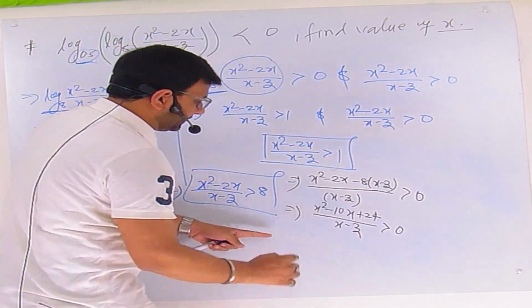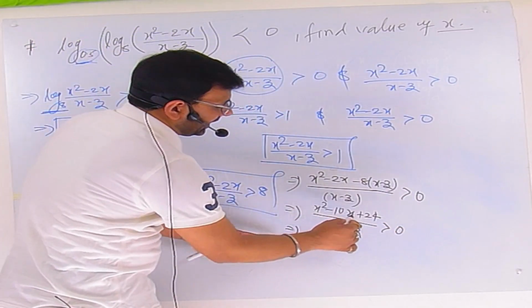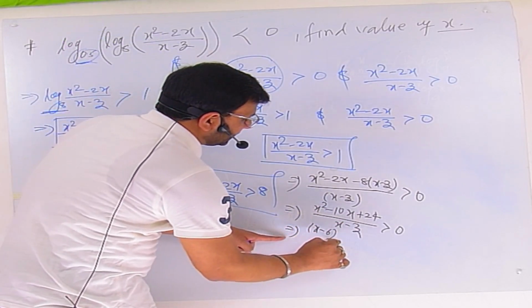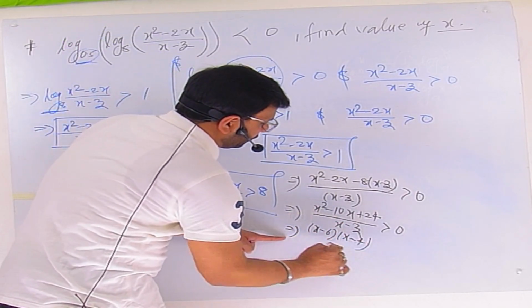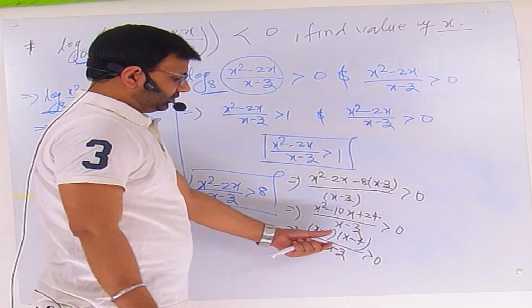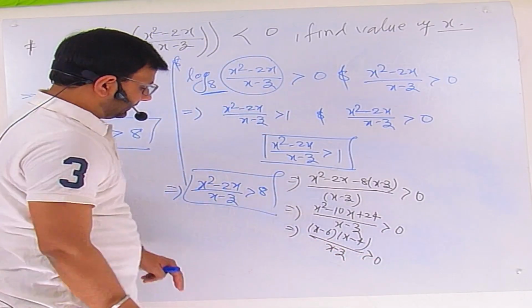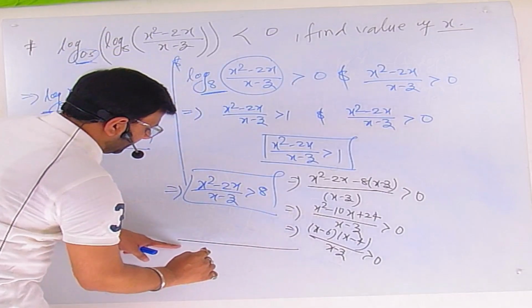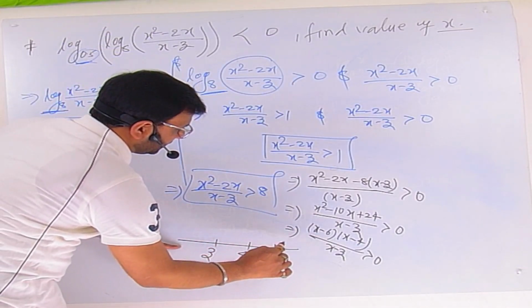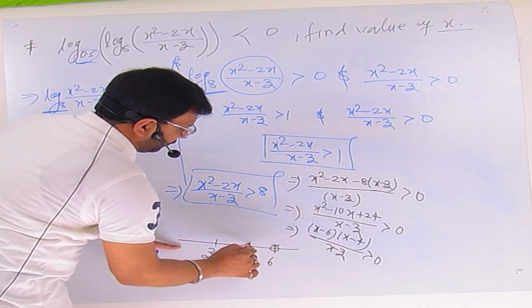Now factorize this expression. So can I write x minus 6, x minus 4? So this is x minus 6 into x minus 4 divided by x minus 3, greater than 0. So what will be the value of x? Draw a number line here. This is 3, this is 4, this is 6. Everywhere put a bubble here.